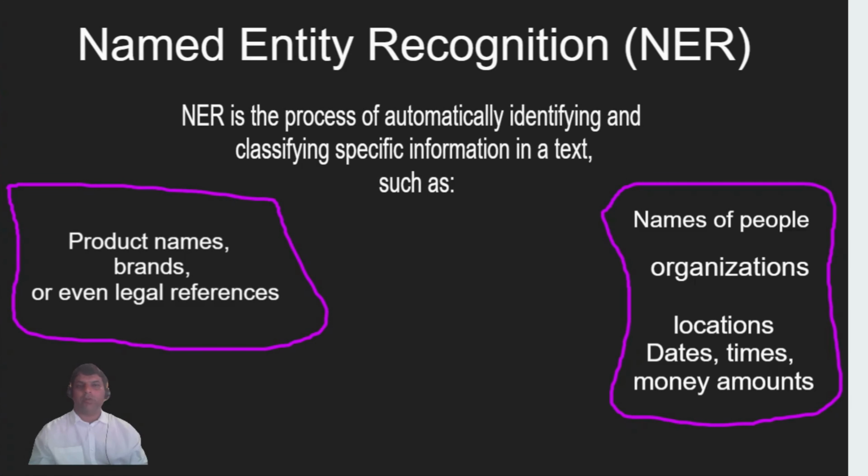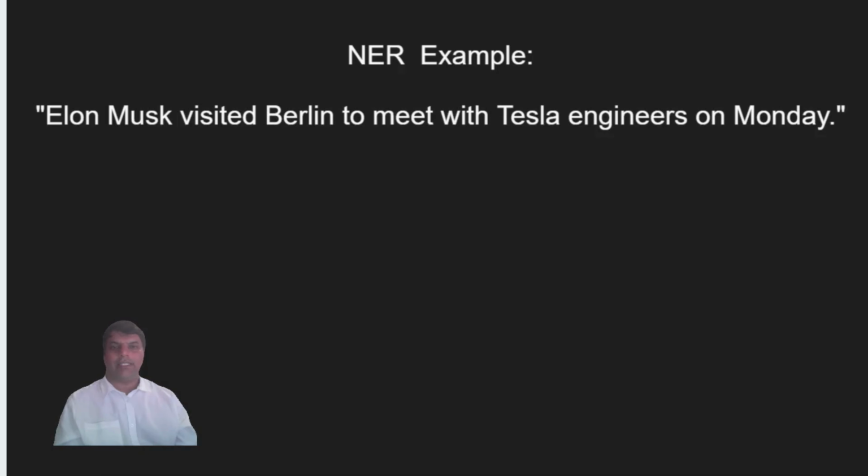NER is the process of automatically identifying and classifying specific information in the text, such as names of people, organizations, locations, dates, times, money amounts, product names, brands, or even legal references. These are entities in the text, so they are special in the text.